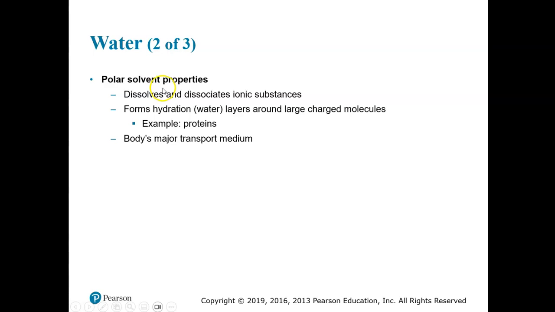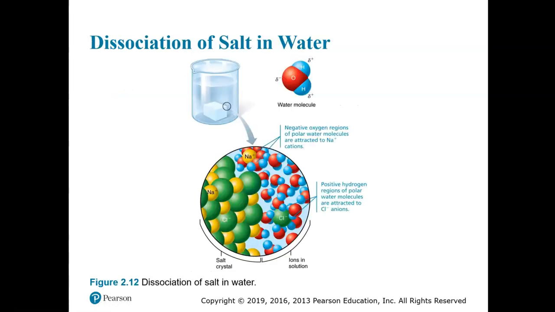Water is a solvent. It's a polar solvent. That means that it can dissolve ionic compounds and also polar compounds, like glucose, for example, or sugar. This shows you how salt dissolves in water. Water will form a hydration sphere around the sodium ions and the chloride ions.